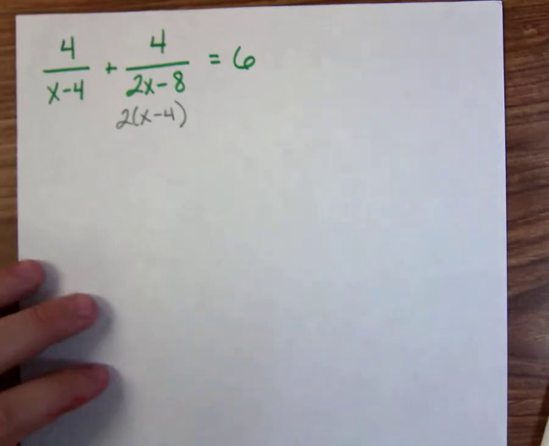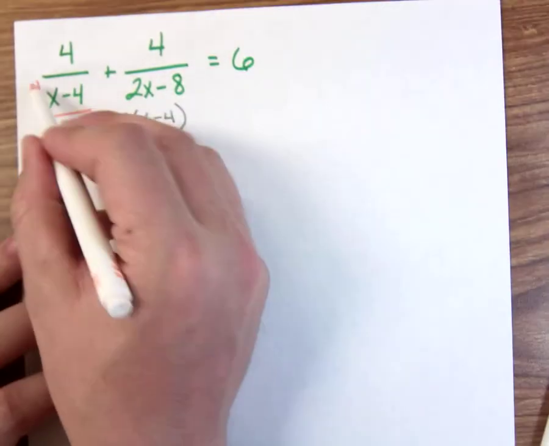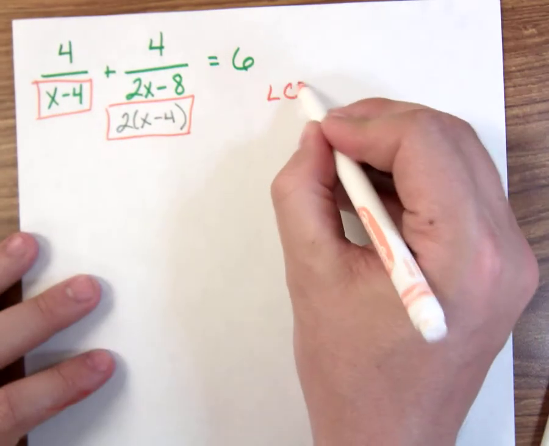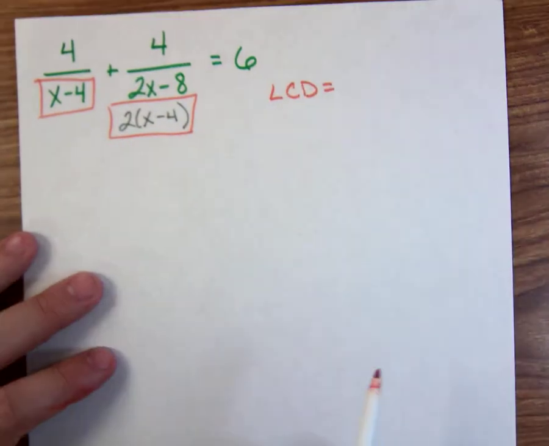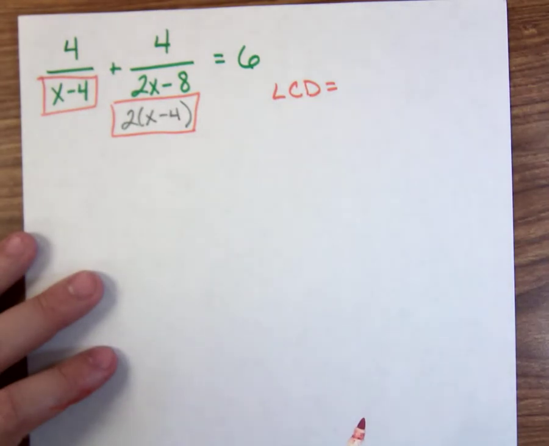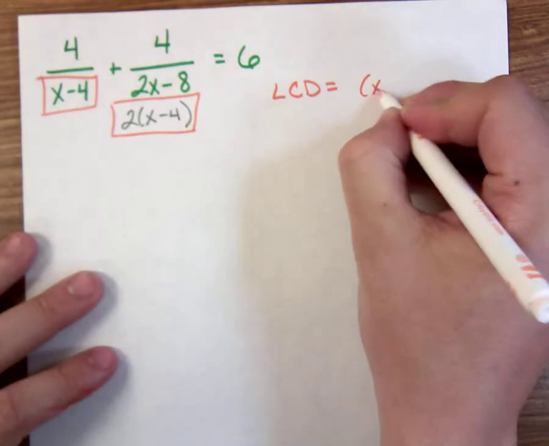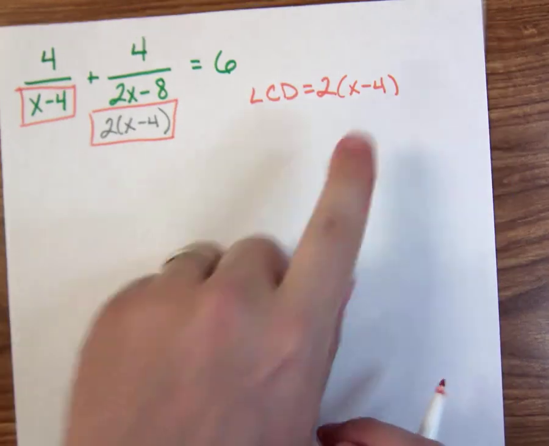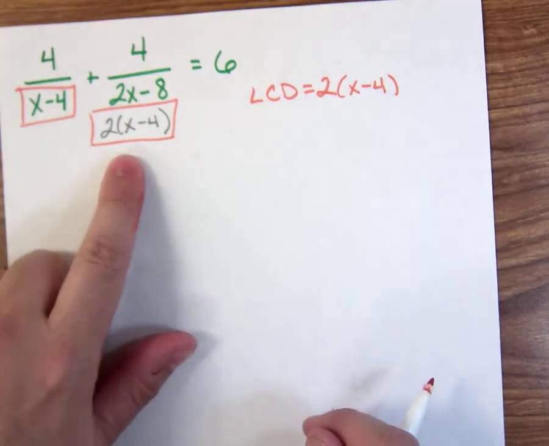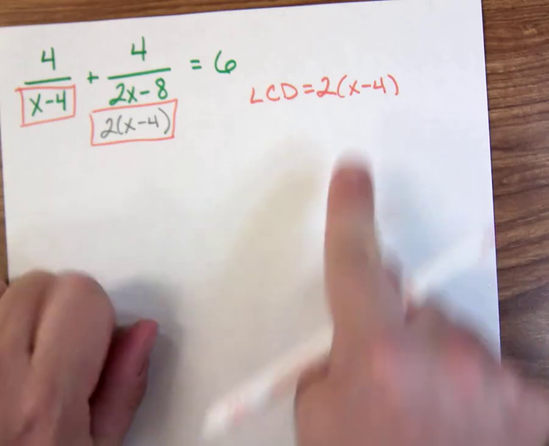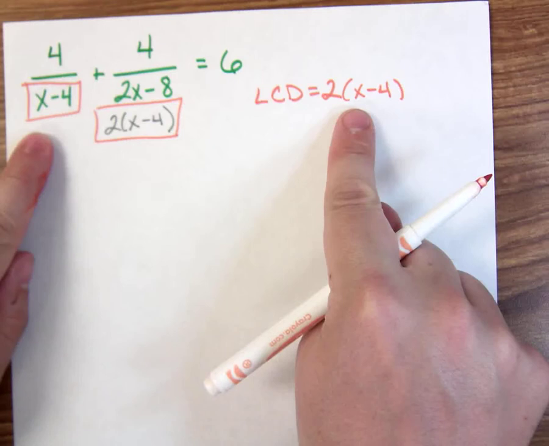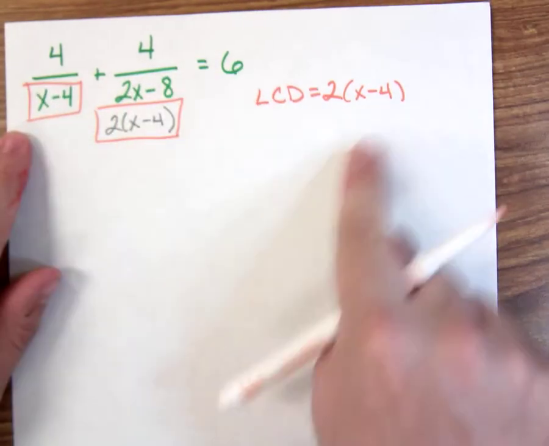Okay, so when you look at these two denominators, x minus 4 and 2x minus 4, what is the lowest common denominator? X minus 4 is part of it, and also the 2. 2x minus 4 can be divided by 2x minus 4, obviously, and 2x minus 4 can also be divided by x minus 4. So there's the lowest common denominator. So all three of these get multiplied by this.